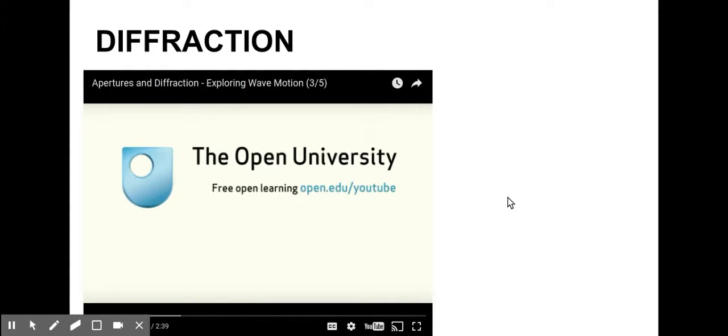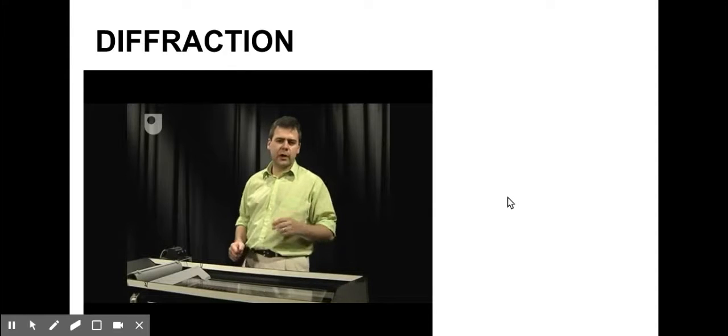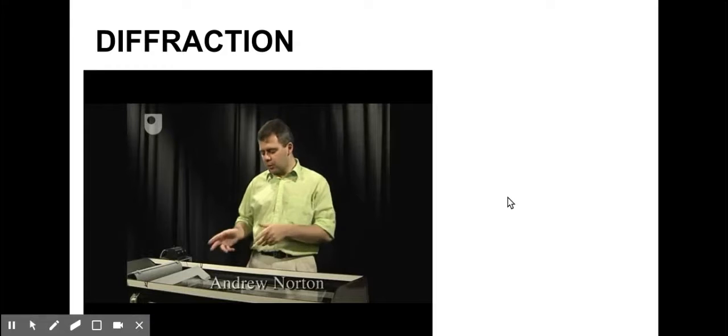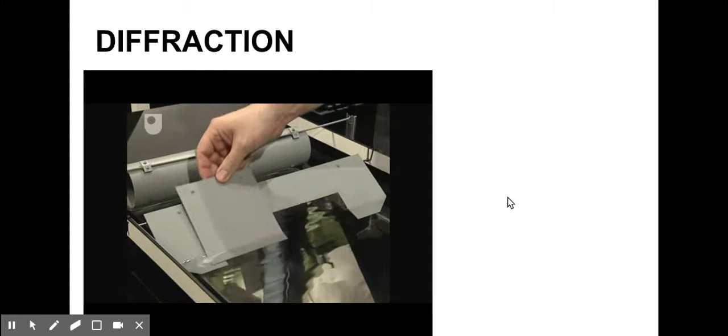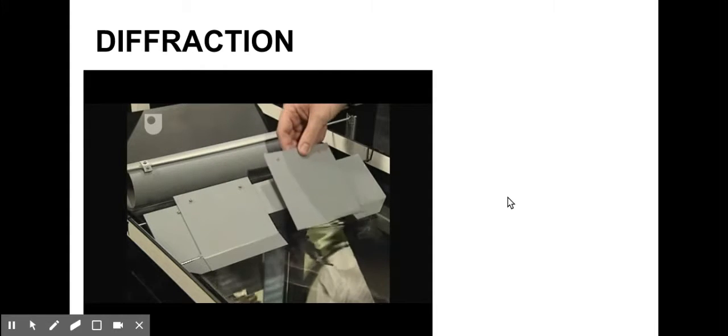The next thing I want to look at is what happens to a water wave when it passes through an aperture. Well, I fitted an aperture here, but it's rather too wide for what I need at the moment. So if I fit these sliding doors, I can make an aperture that's about 3 centimeters across.